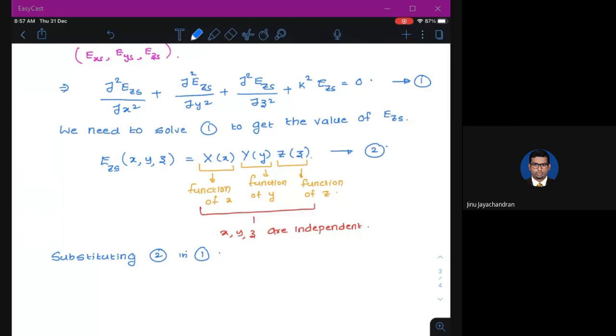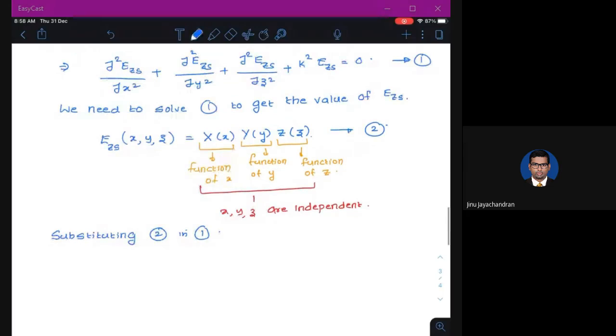Okay. So when you substitute it in equation number 1, the first term is differential with respect to x, so that y and z will be constant. The second term is differential with respect to y, so that x and z will be constant. And the third term is differential with respect to z, so that x and y are constant.